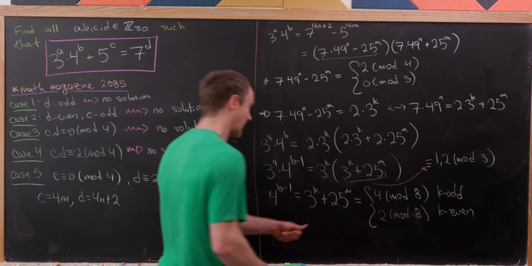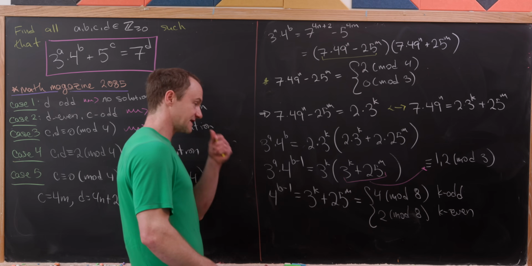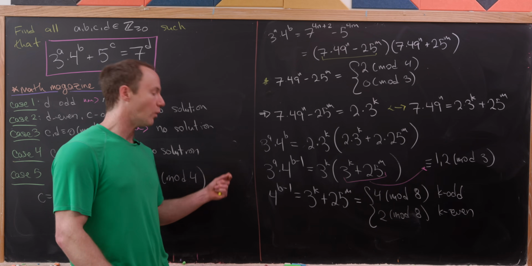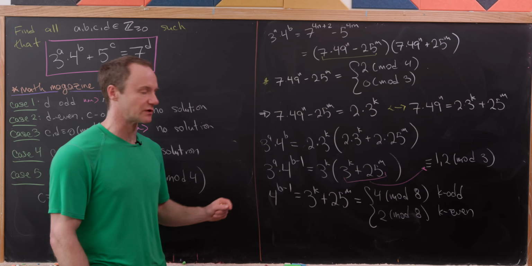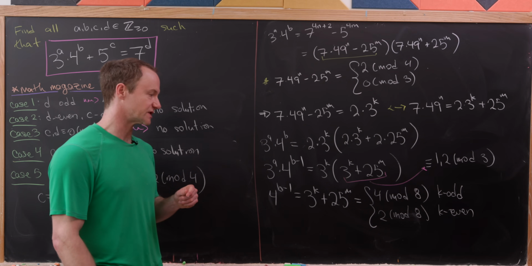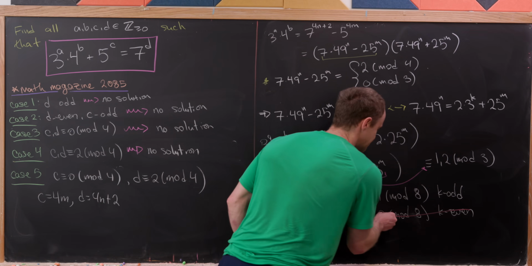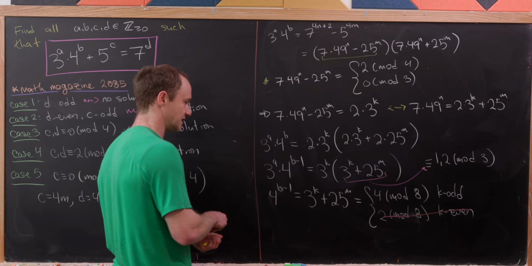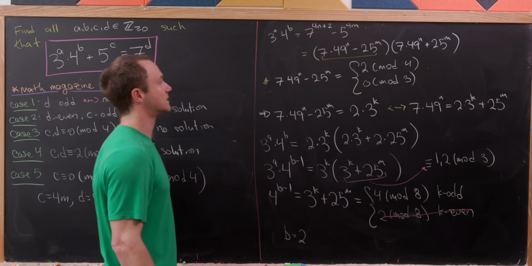But notice we can't have it congruent to 2 mod 8 because this over here is either 1, 4, or 0 mod 8. 1 if b is equal to 1, 4 if b is equal to 2, and 0 if b is bigger. So anyway, this is not possible right here, meaning that the only thing left is 4 mod 8. In other words, b is equal to 2.